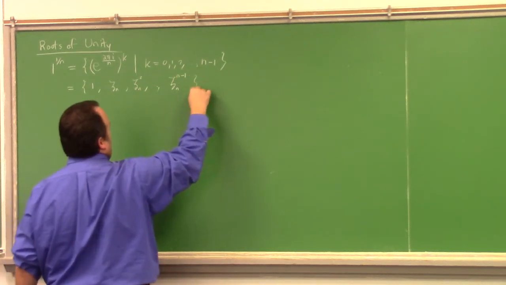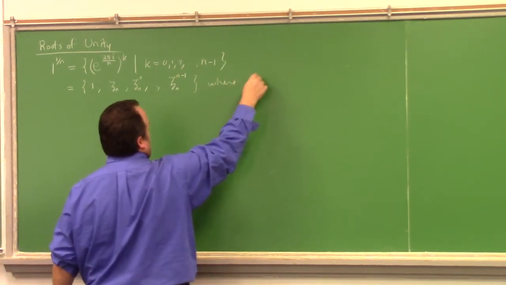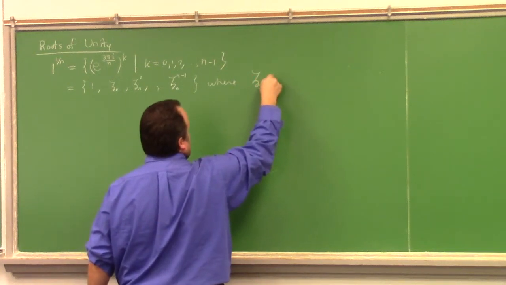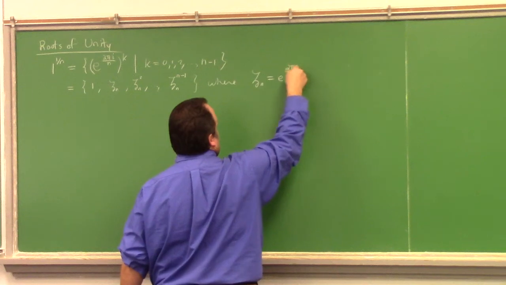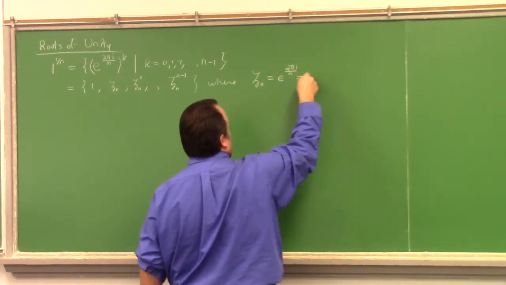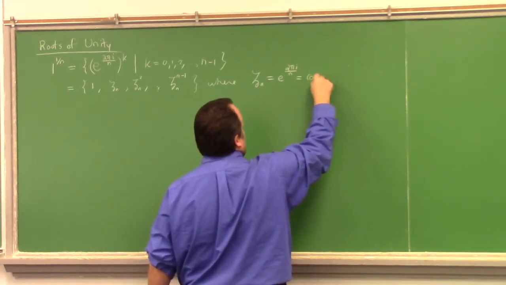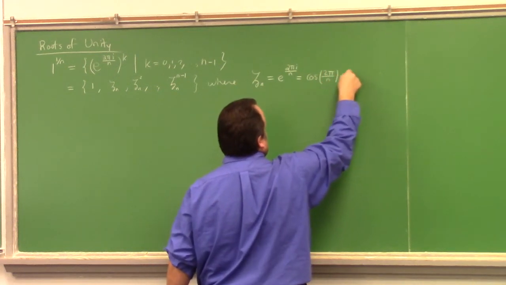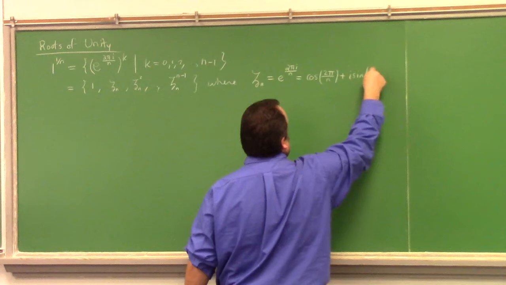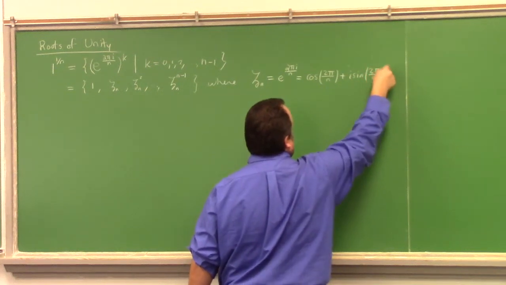All right? Where zeta n is e to the 2 pi I over n. This is the so-called principal nth root of unity. And if you want it in terms of real things, it's cosine of 2 pi over n plus I times the sine of 2 pi over n.